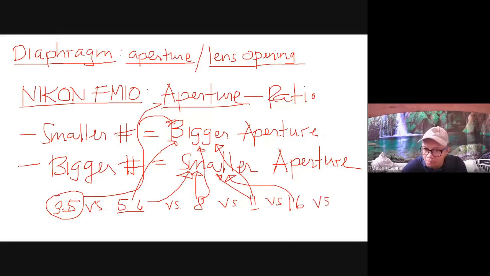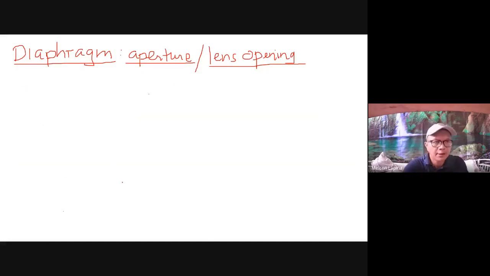And then, kung i-compare natin ang 16 sa 22, ang 22 ay smaller, ang 16 ay bigger. Kaya, tama ang sabi, if you have a smaller number, bigger aperture, if you have a bigger number, smaller aperture, that is in diaphragm or lens opening or aperture in photography subject.